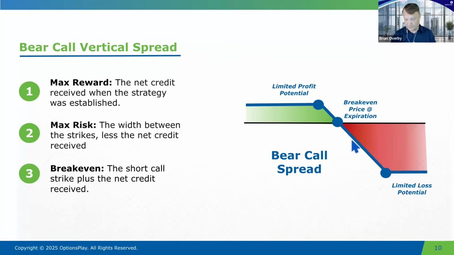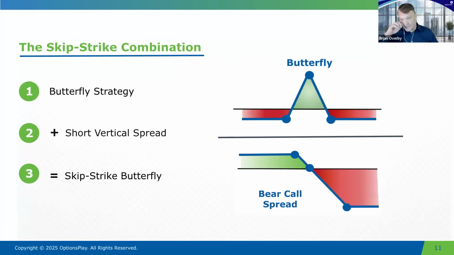That simple. All right. So the skip strike is basically the butterfly plus the short spread equals the skip strike butterfly. This strike and this strike, you're buying that one in the butterfly, you're selling that one in the bear call spread. So why not just skip it? That's another way to say it.